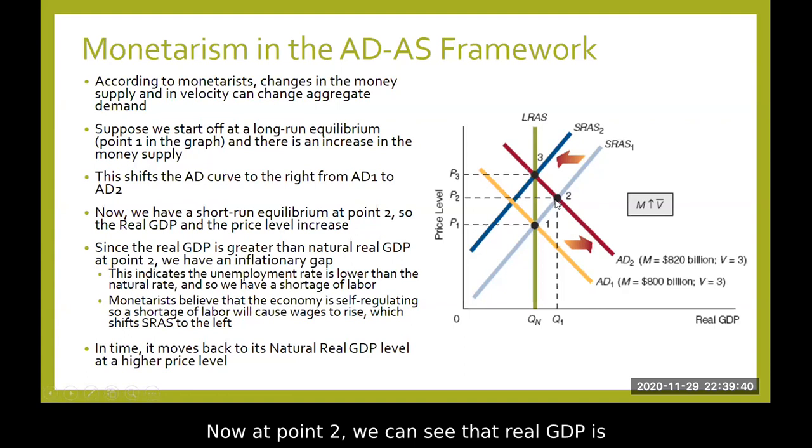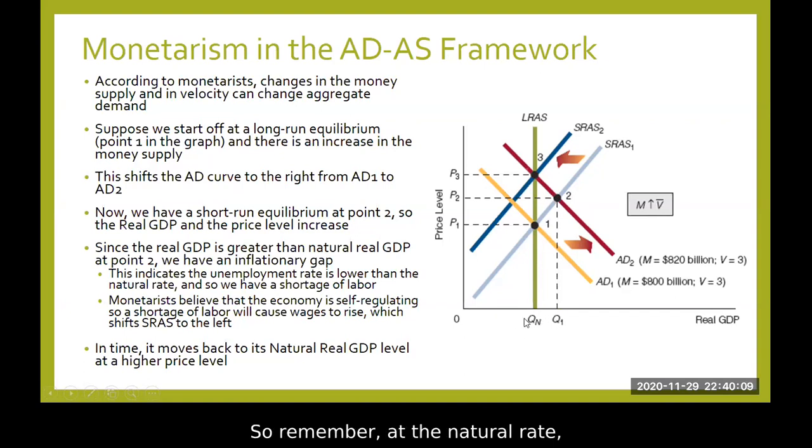Okay, now at point 2, we can see that real GDP is greater than natural real GDP. So this is an inflationary gap, saying that we're overproducing. So we should be producing at QN, this is the economy's potential or benchmark for where we should be. And if we're at Q1, we're overproducing. This indicates that the unemployment rate is lower than the natural rate.